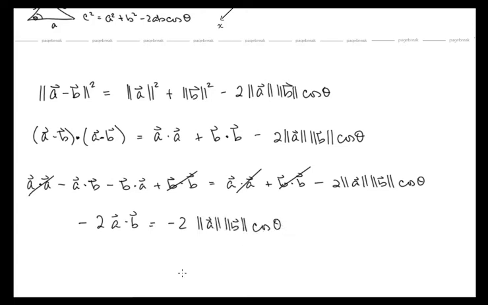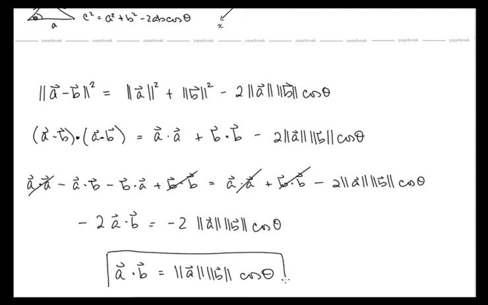Simplifying further, we have A dot B is equal to length of A, length of B, cosine of the angle between them. And this is going to be a very important formula for us, so you will definitely want to remember it. And we'll do lots of practice with it as well.